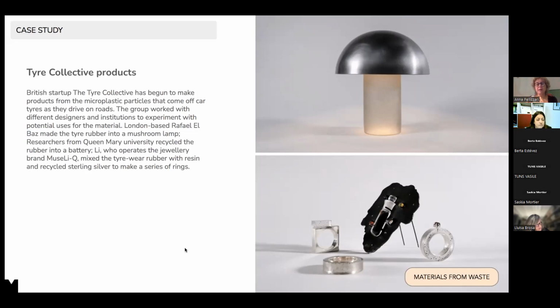So it has been calculated that a large amount of these fine grits are produced by the running of cars on roads. And what this collective is trying to do is collect these fine dusts and use them as a raw material.